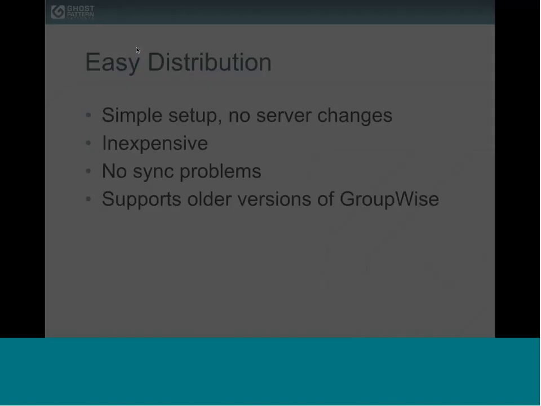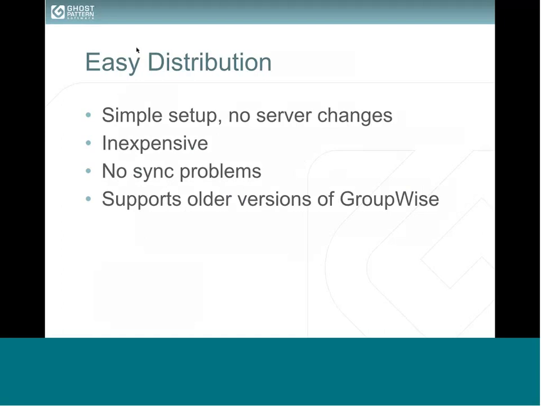So what are the general advantages of using this system, using this app, over, say, IMAP or POP, or using Novell's ActiveSync solution? Well, the first thing is that it is really easy to set up.